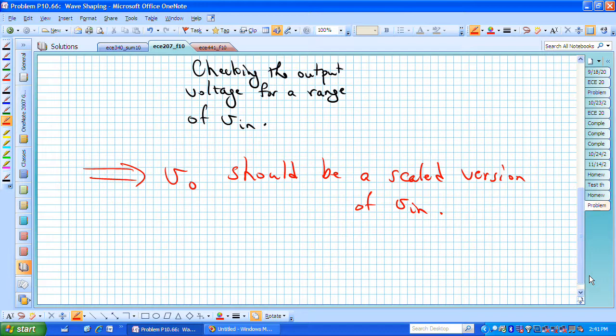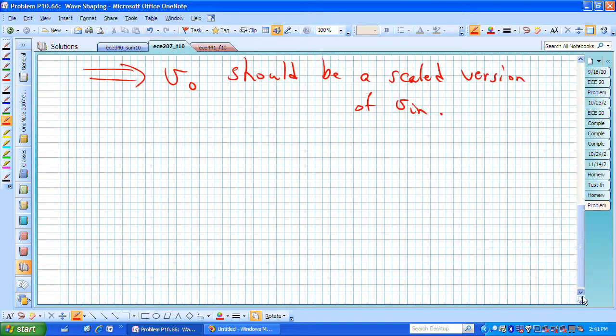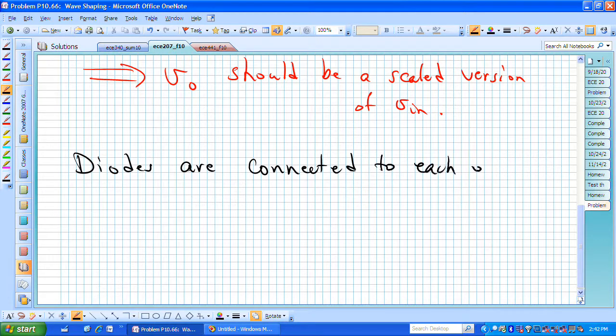Let's make some observations about this circuit. One is that the diodes in this circuit, as I've already mentioned, are connected to each other in maybe a little bit strange way. The diodes are connected to each other really in opposite directions, meaning both of their anode ends are connected together.